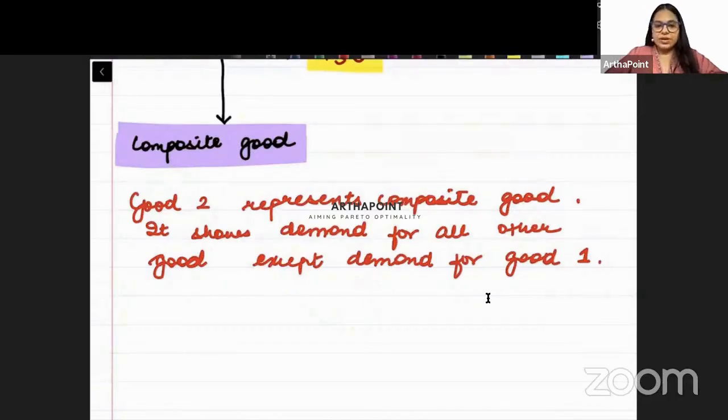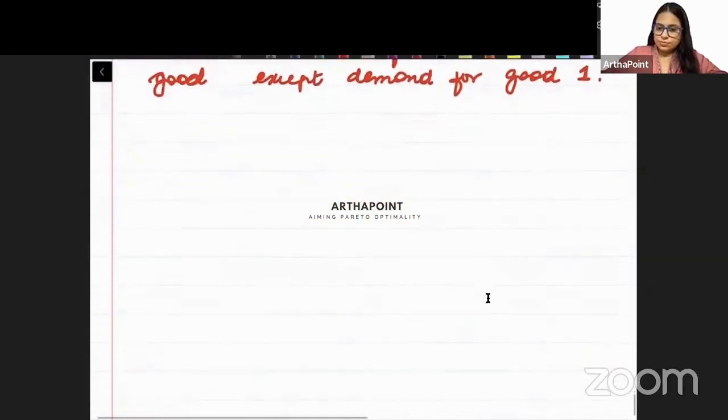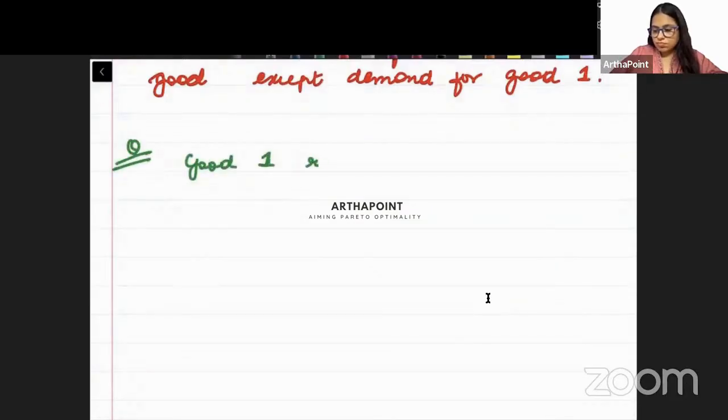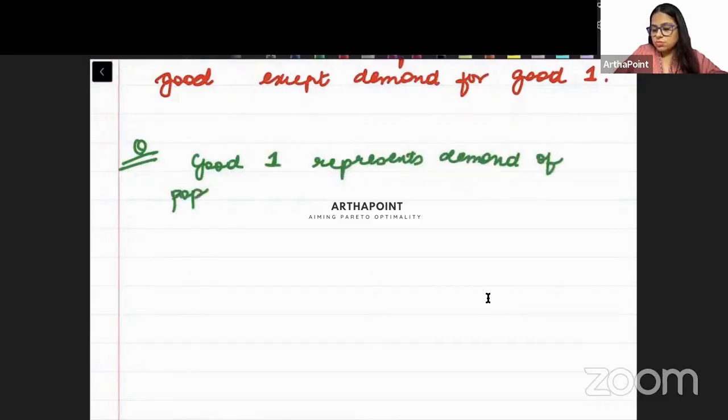ठीक है बेटा. Homework question, just try to go ahead and do this yourself. So suppose I tell you that good one represents the demand of popcorns. ठीक है बेटा.